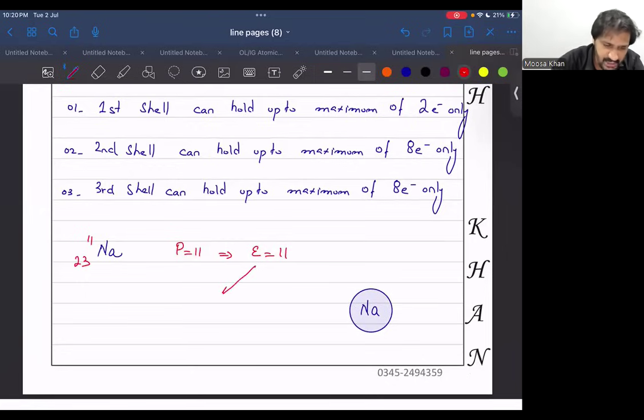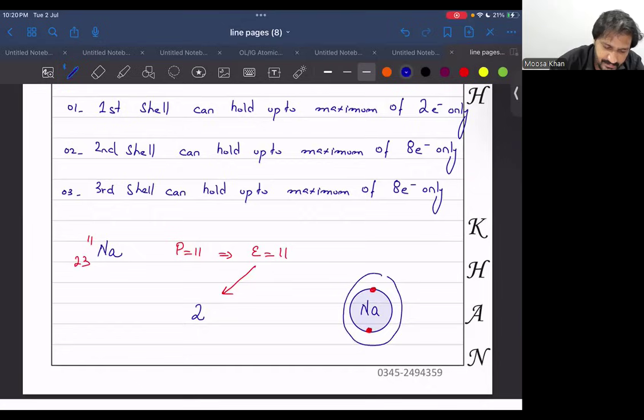So out of 11 electrons, the first shell can only have 2 electrons, not more. I am making a red dot here in the first orbit. ये तो अभी आपको static दिख रहा है, but they are revolving around the nucleus.